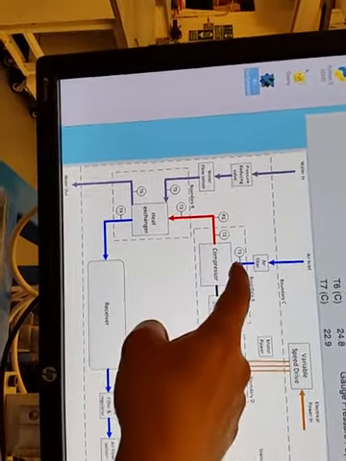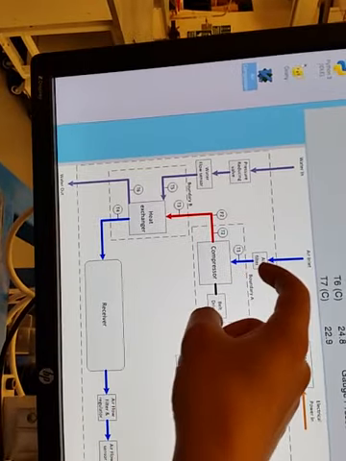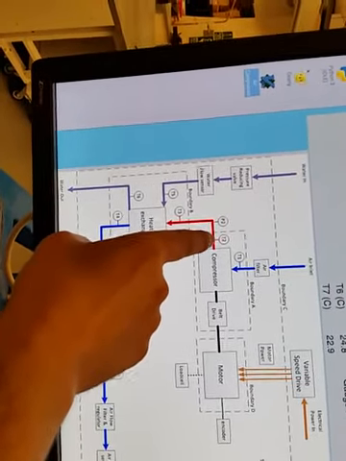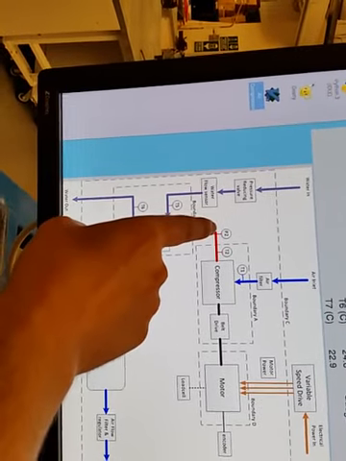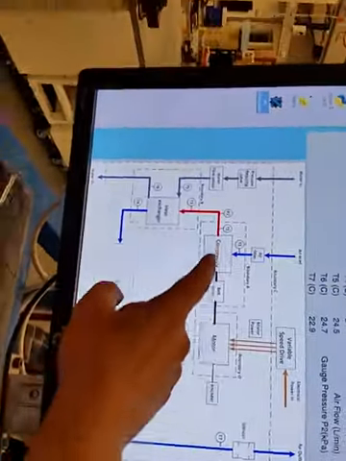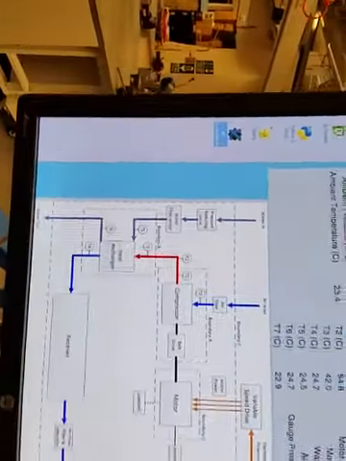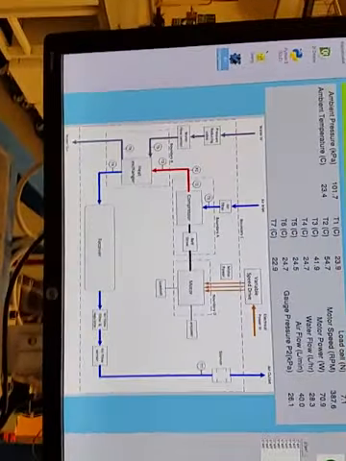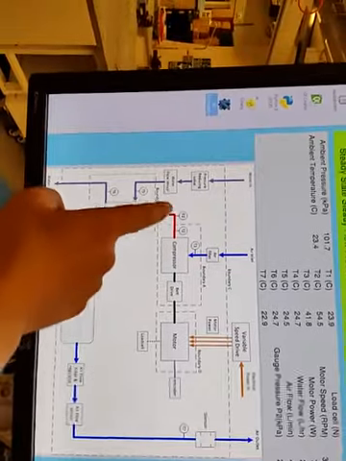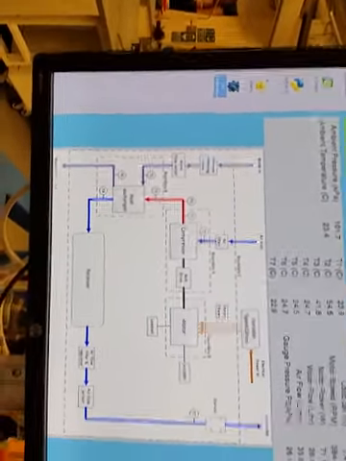Here we have a temperature sensor. The air goes into the compressor and then goes out at T2, where we also have a pressure sensor P2. So at point 2, we've got a temperature sensor and a pressure sensor. You may notice as well that this pipe here is colored blue, while this one is colored red.